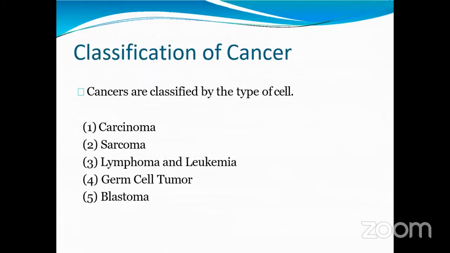So there is a classification of cancers. Cancers are classified based on the type of cell from which they originated. They are called carcinoma, sarcoma, lymphoma and leukemia, germ cell tumor and blastoma.